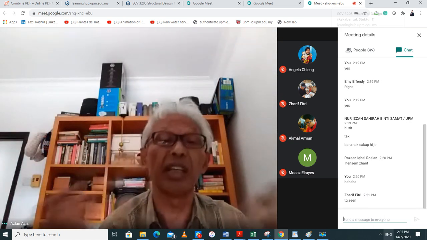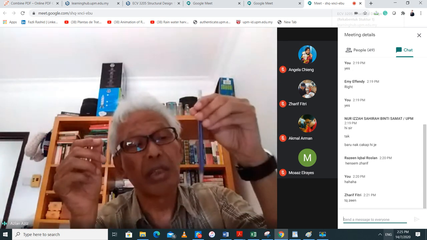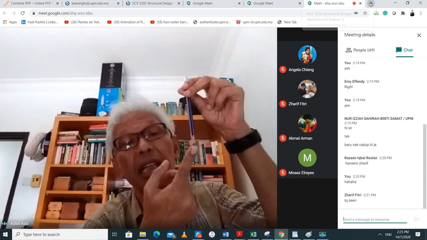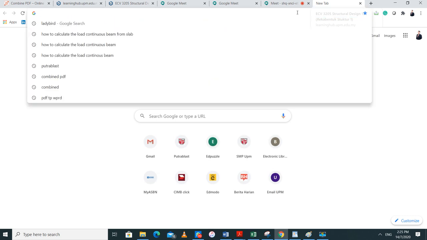So if I stick a penetrometer into this sand, whatever tip resistance I get from the sand, I can just substitute into my equation for the pile. That's one of the empirical equations.